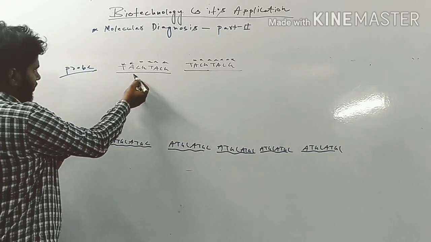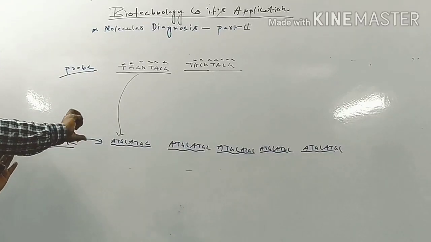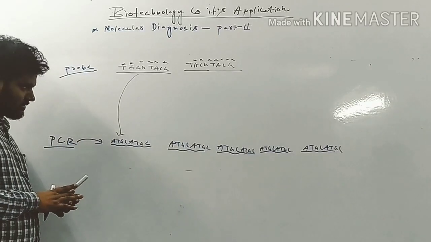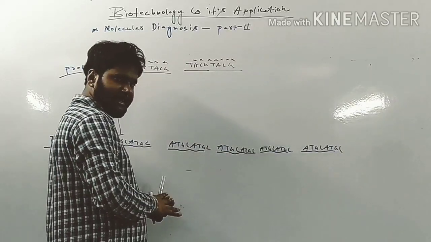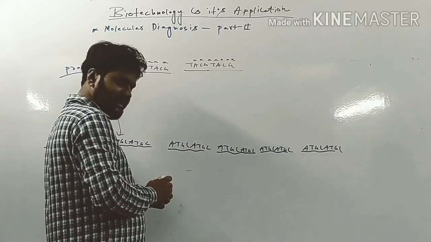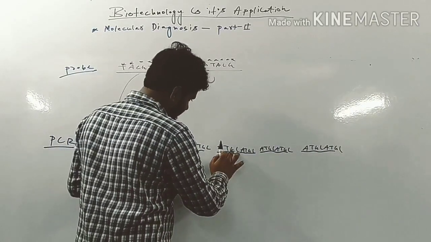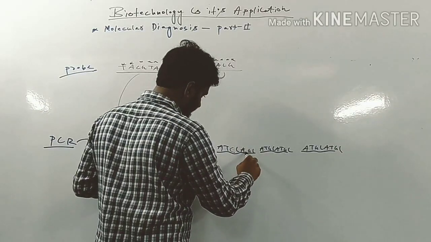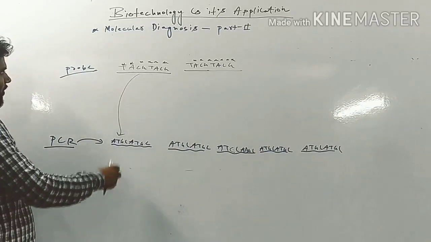Now this probe is added to these clones of nucleic acids. And for example, say that in this particular segment of gene there has been a mutation. There is C and there is A; it is the mutated form. So now what will happen?